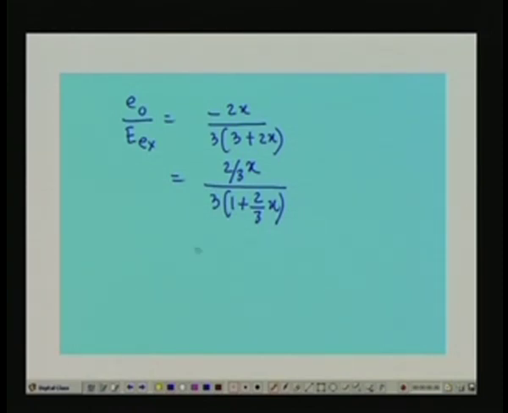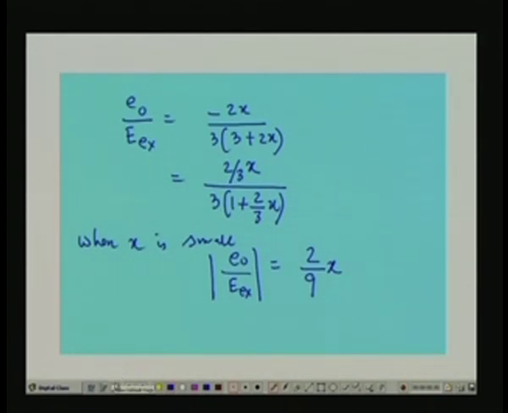Now, when x is small, the mod of the output voltage by the excitation equals 2 by 9 x, because the 2x term is small and will be neglected compared to 3. So, there is only 3 in the denominator, giving 2 by 9 into x.